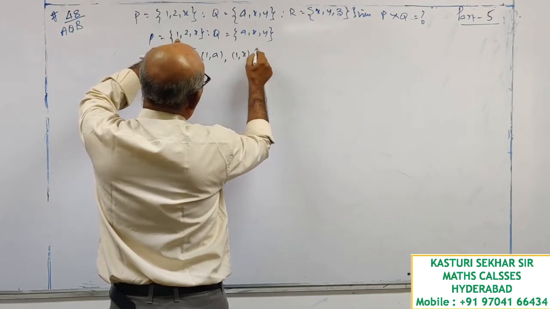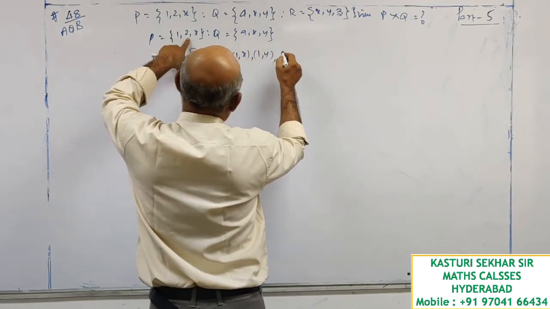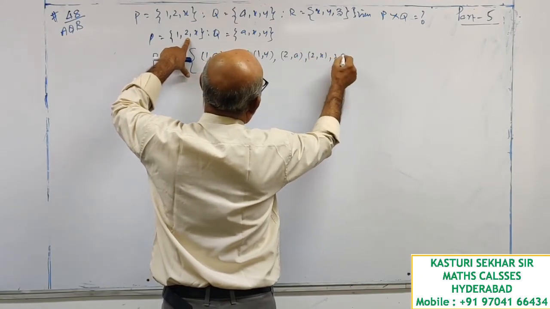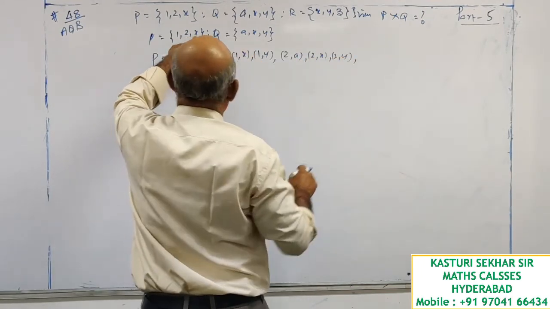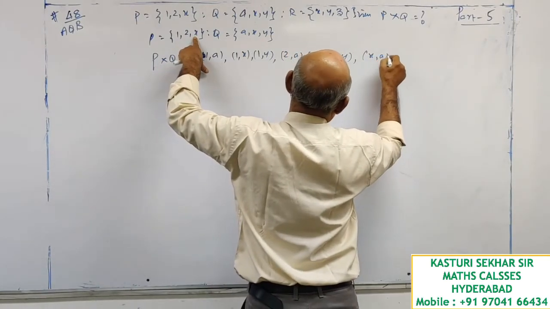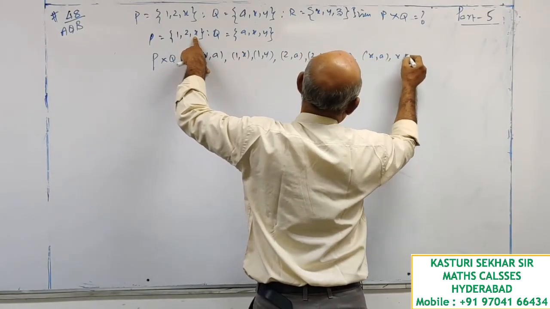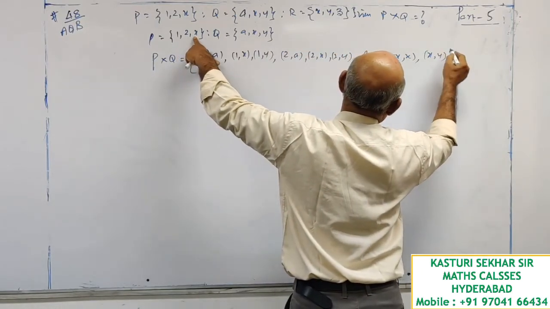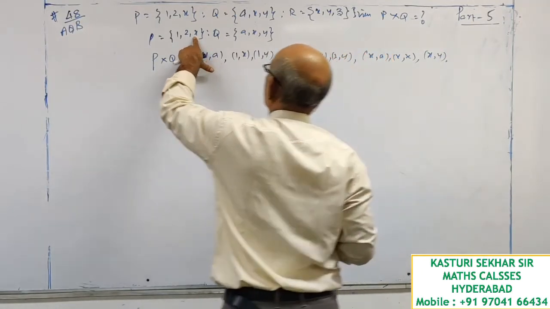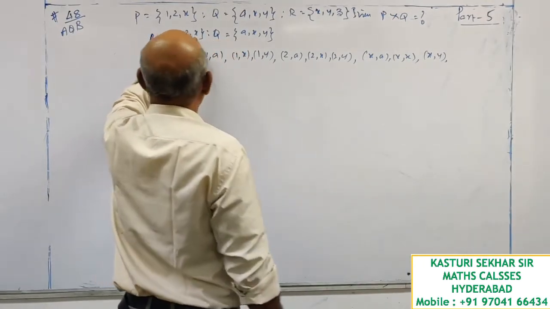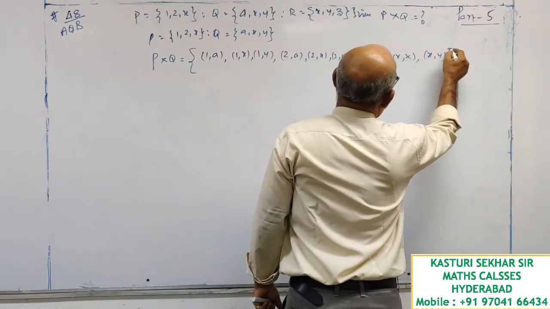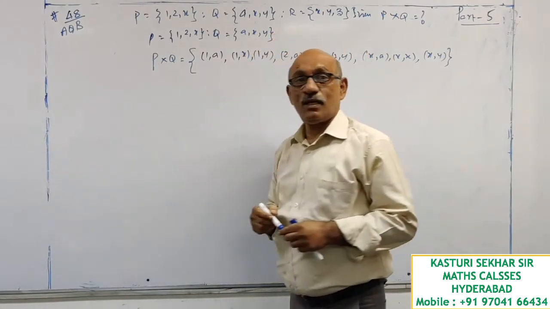1 comma x, 1 comma y, 2 comma a, 2 comma x, 2 comma y, x comma a, x comma x, x comma y. Now look at this, sir.